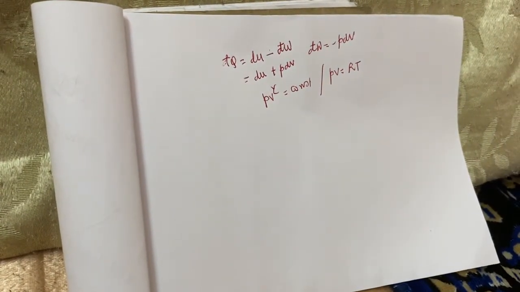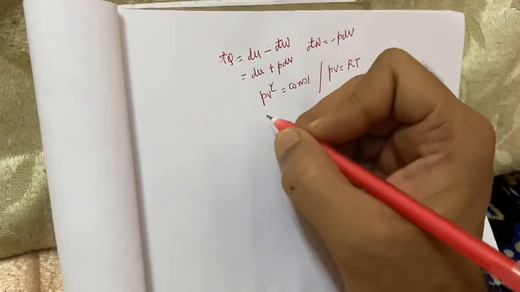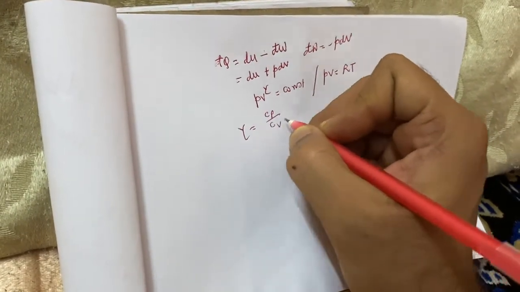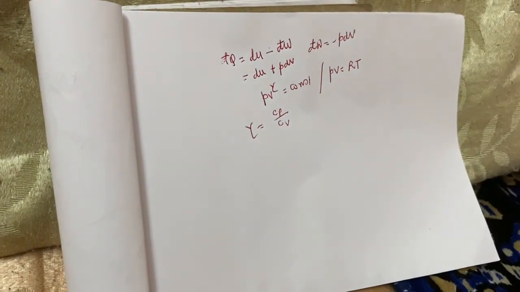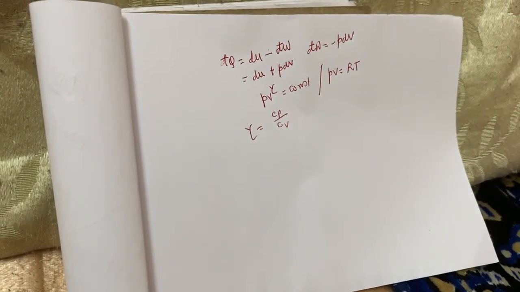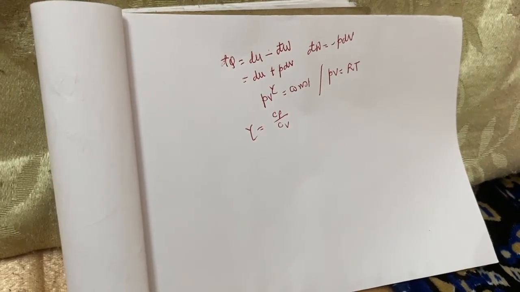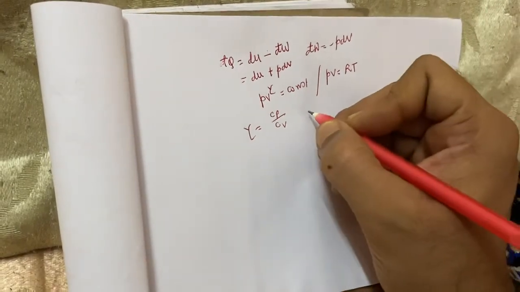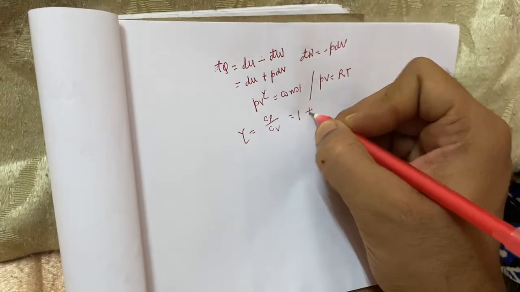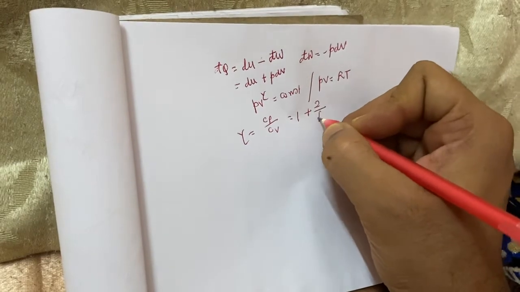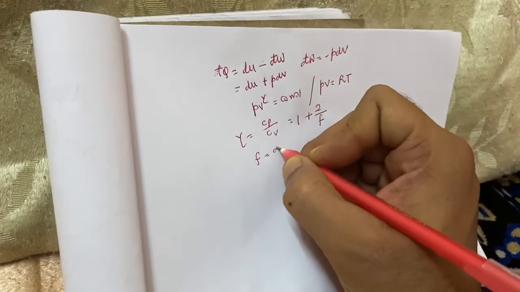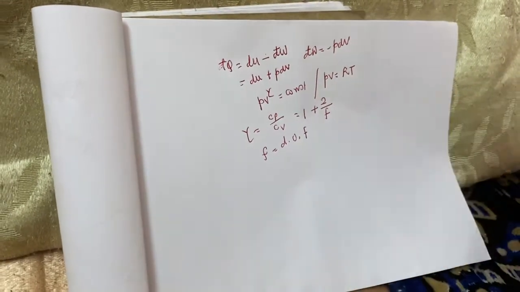Now, as you know, gamma is equal to Cp by Cv. And gamma can also be represented as 1 plus 2 by f, where f is the degrees of freedom.